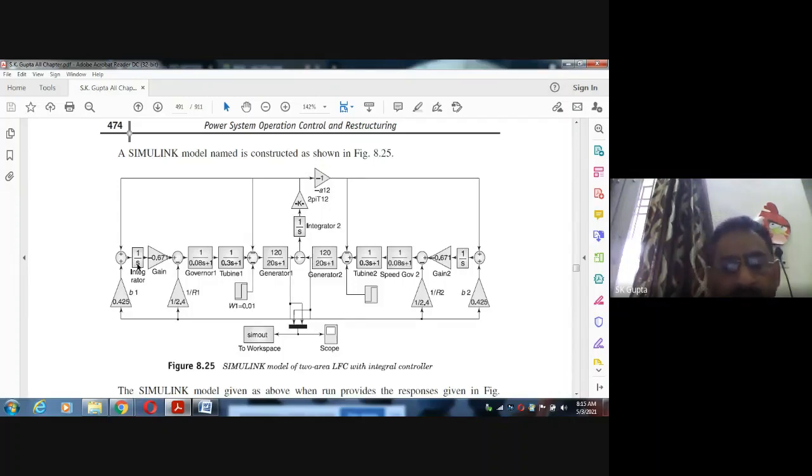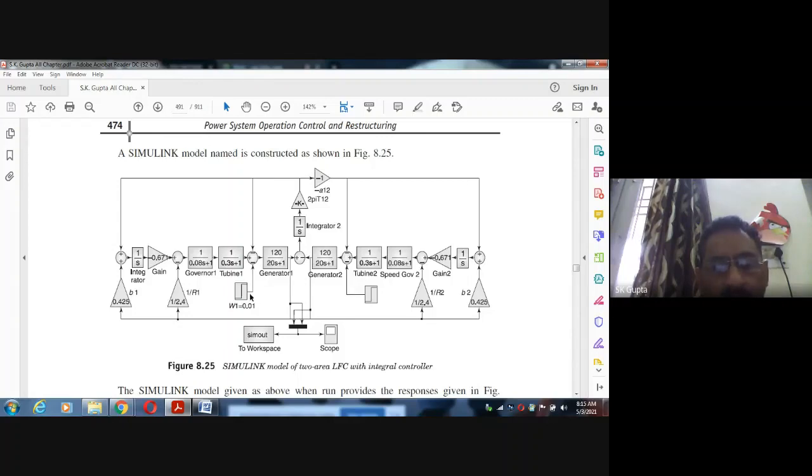Now the question arises: when this feedback signal can do something better in this load frequency control system, can we have feedback from other places also? If we take the feedback from here, what is this?